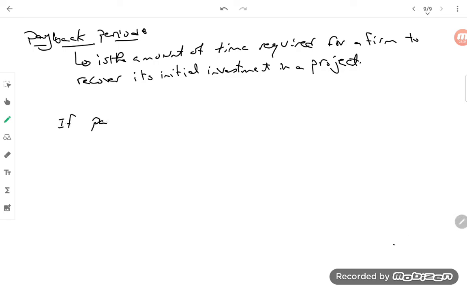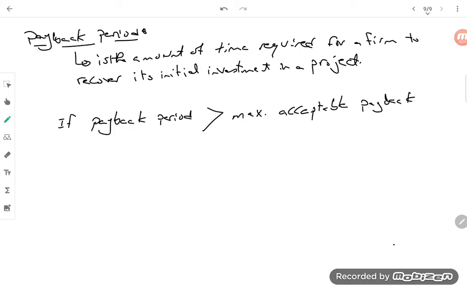If the payback period is greater than the maximum acceptable payback period, then reject the project, and if it is less than the maximum acceptable payback period, then accept the project.